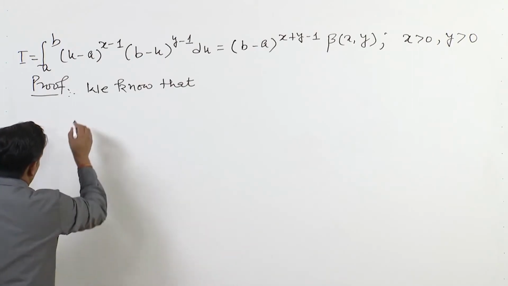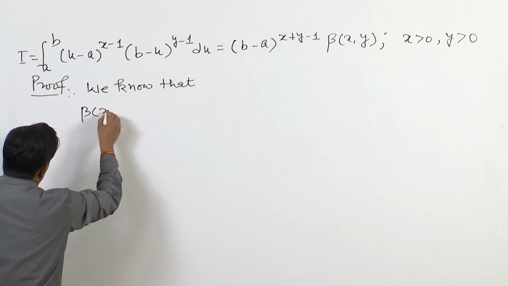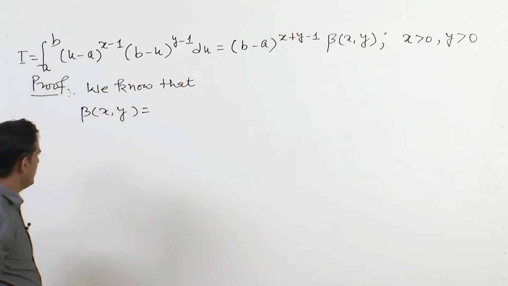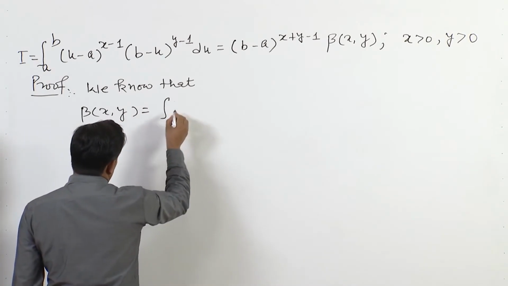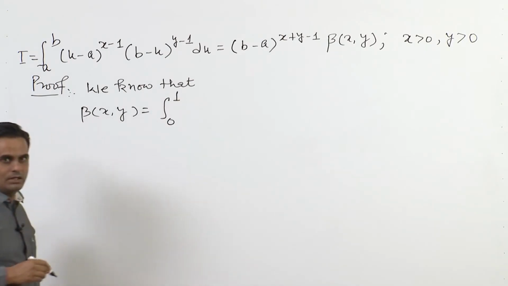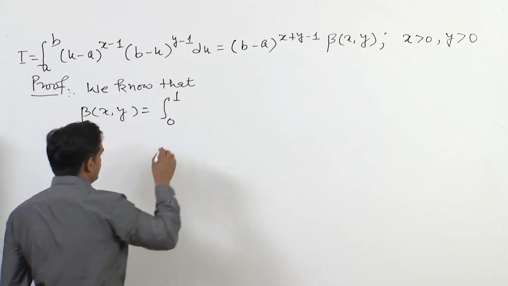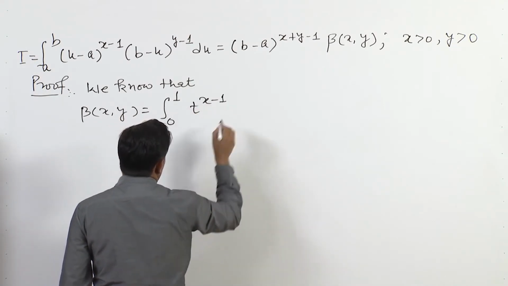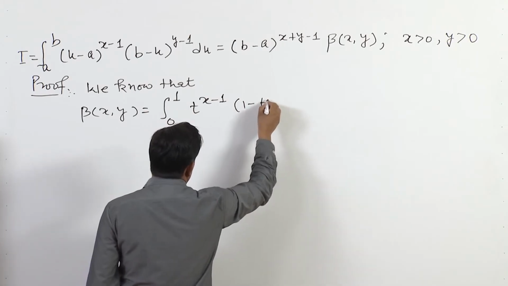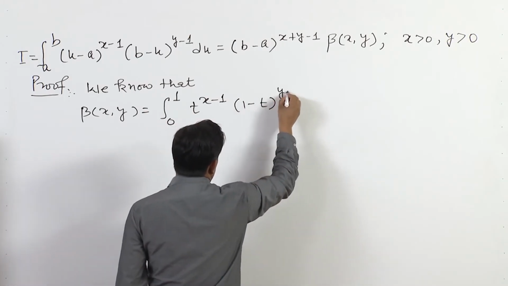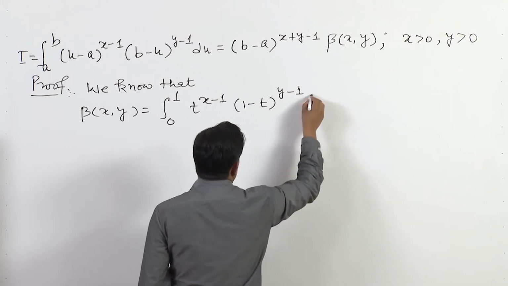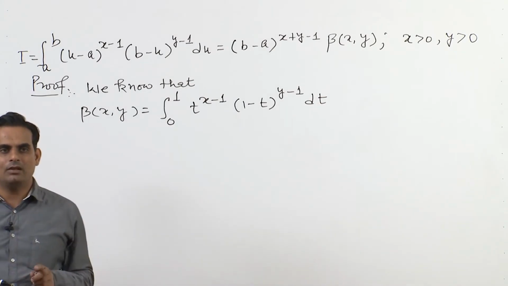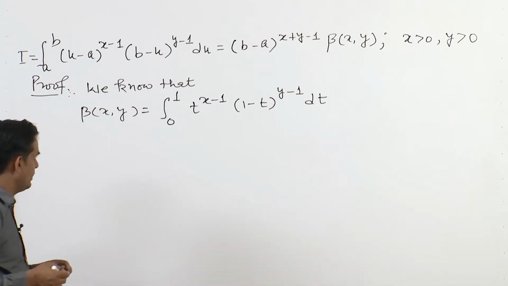We know that beta of x y equals the integral over 0 to 1 of t raised to power x minus 1, (1 minus t) raised to power y minus 1, dt. This is the definition of the beta function we have seen.